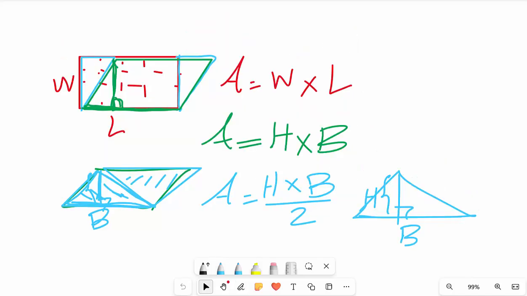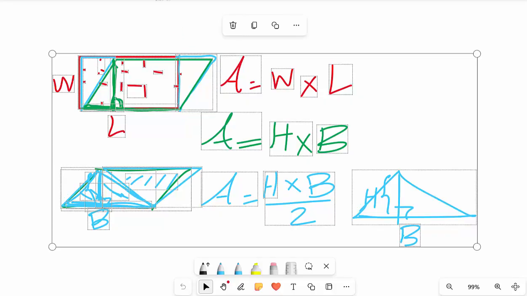And now there is an important question: can this area formula be generalized to any triangle? Yes, of course. Any triangle can be transformed to a parallelogram by drawing two parallel sides.